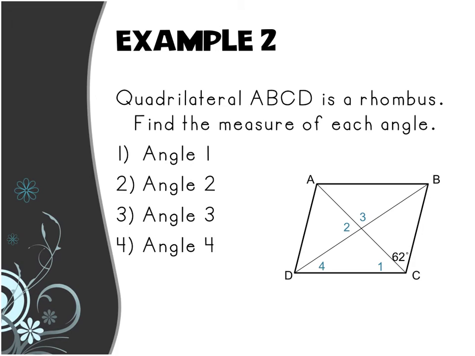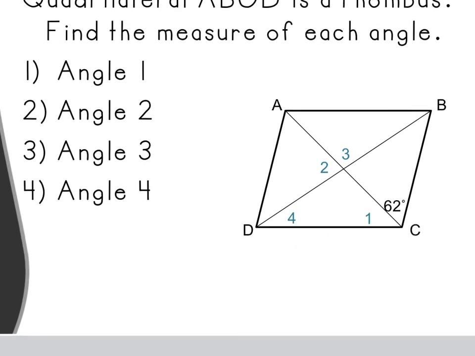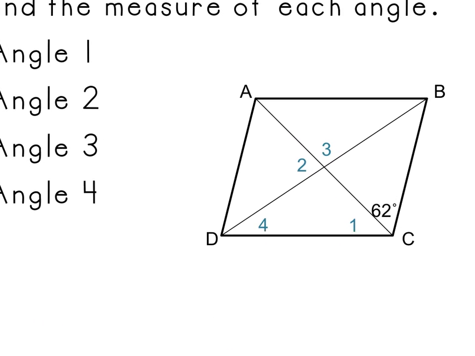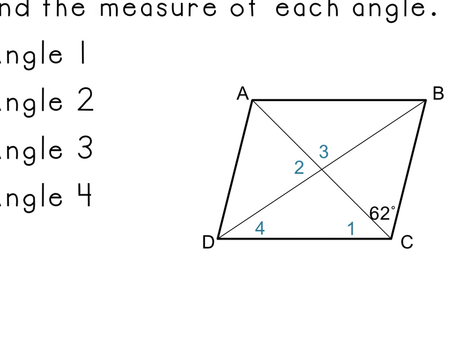All right. Example 2 says quadrilateral A, B, C, D is a rhombus. Find the measure of each angle. So what do we know about the angles in a rhombus? The diagonals bisect each other and also the opposite angles, right? So if this is 62, what's angle 1? 62.